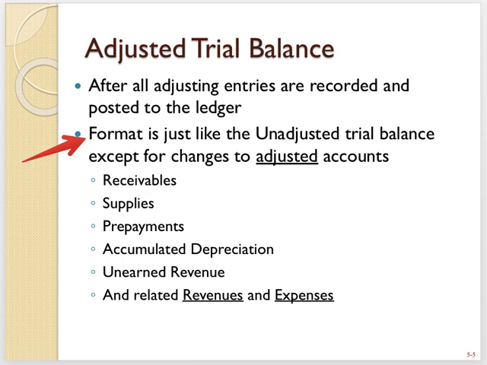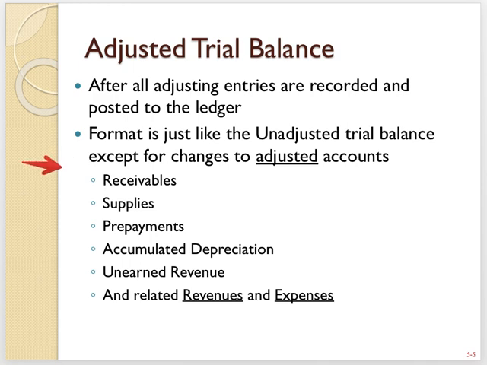But there are going to be some major differences between the adjusted trial balance and the unadjusted trial balance. It's not necessarily in the format, it's in the numbers, because the numbers are going to be different in those adjusted accounts.